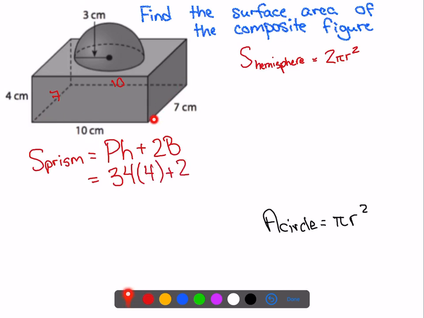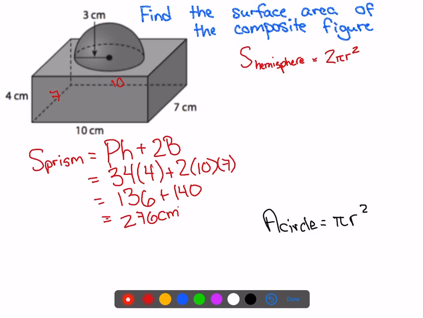The area of our base would be 10 times 7, or 70. 34 times 4 will give us 136, plus 2 times 70 will be 140, which gives us 276 centimeters squared.